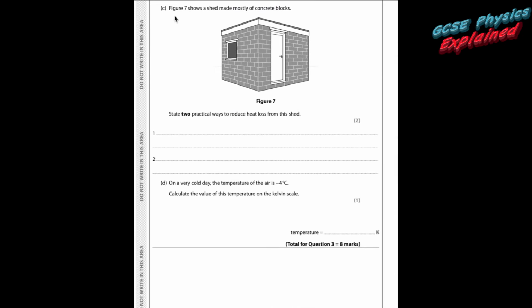Question C. Figure 7 shows a shed made mostly of concrete blocks. State 2 practical ways to reduce heat loss from the shed. Right, well, from any building you lose heat from the walls, you lose it from the door, you lose it from the windows, you lose it from the roof, and you also lose heat from the floor.